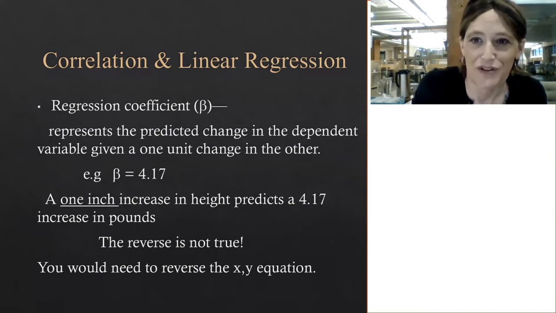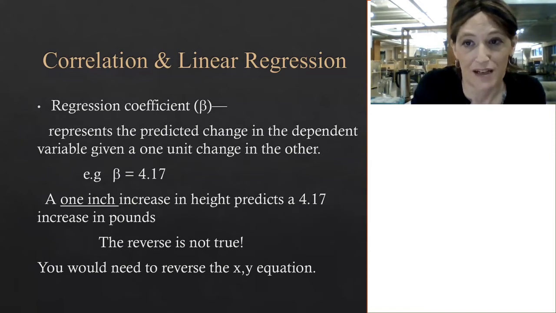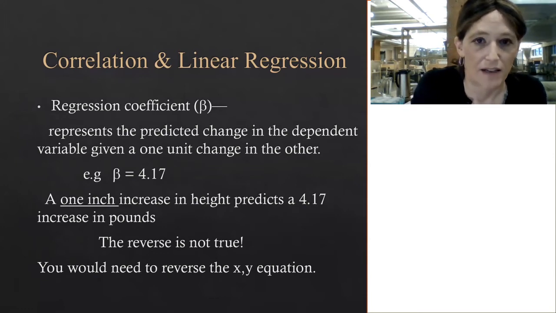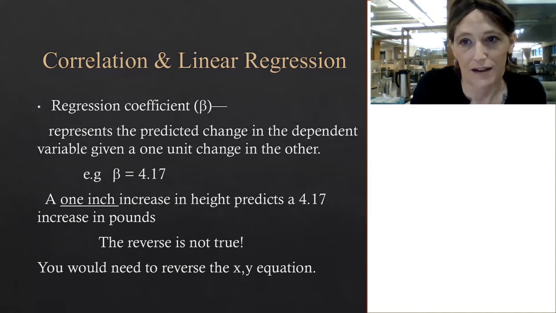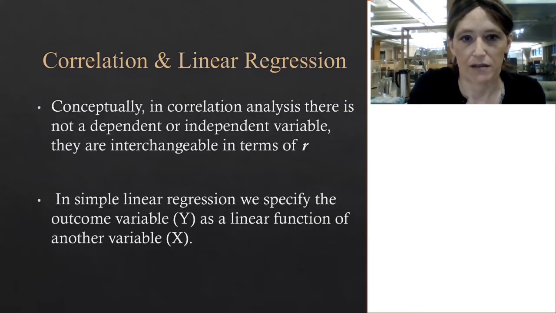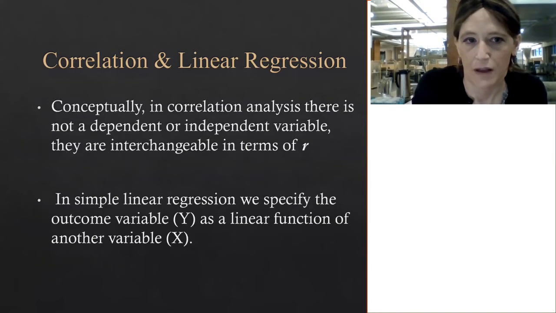So we have to be careful to set up our data appropriately in a linear regression. You would actually need to reverse the x and y variables to get that value for the slope of that best fitting line. However, in this case, it makes more sense to have weight as a function of height, so reversing it wouldn't really make sense in terms of a linear regression.